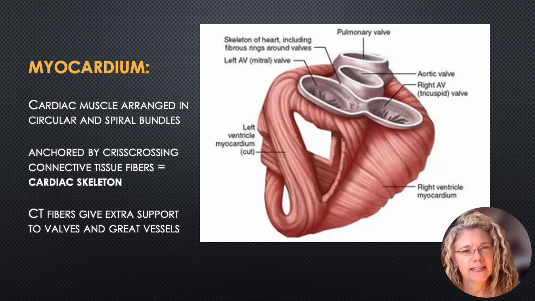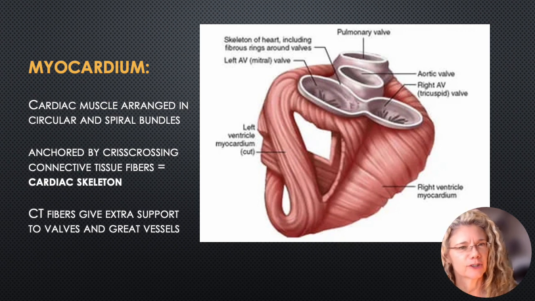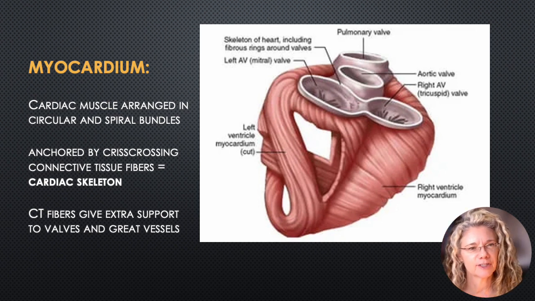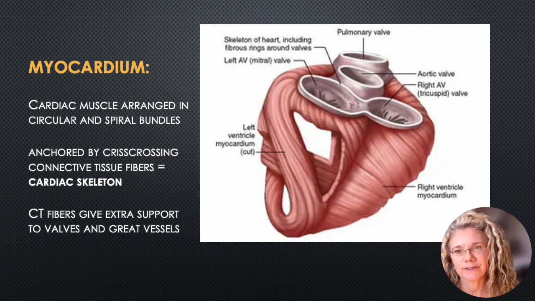So this organ needs lots of reinforcement. Again, it's moving throughout your lifetime, and with exercise it has to work harder. So we want to make sure it has good structural integrity, and those crisscrossing cardiac skeleton fibers provide that integrity. All right, lots of support, especially to the valves themselves and to those great vessels.